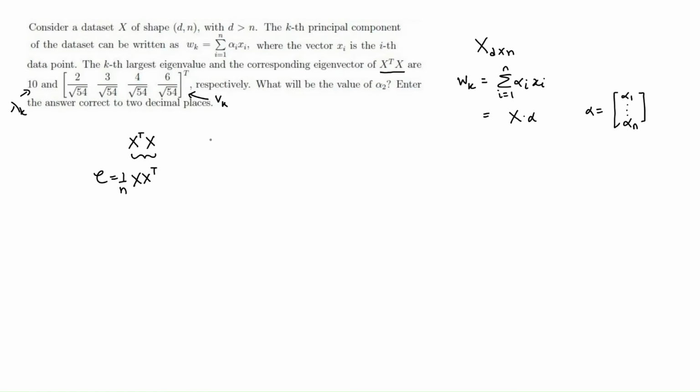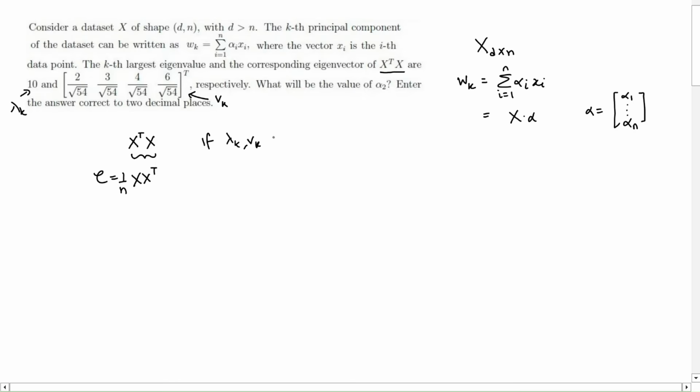So if lambda k and vk are an eigenpair of X transpose X, then what we can say is that X transpose X times vk will be the same as lambda k times vk. Now if I multiply on the left with X, I'll get X X transpose X vk, same as lambda k times X vk.